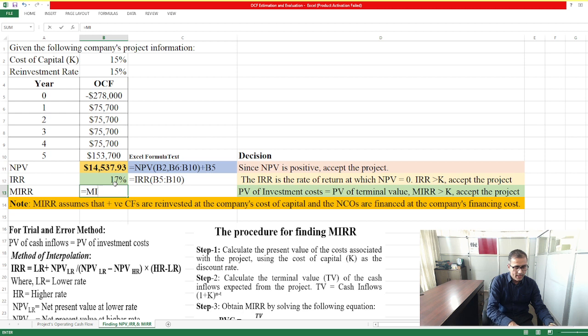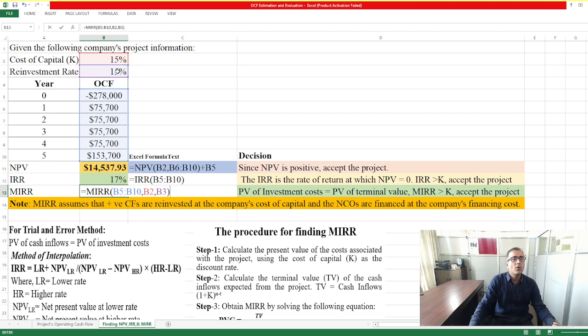Okay. Now what about the MIRR? You just select this one, MIRR. Now look at the values first. Values are all the cash flows. Then the rate is our financing cost, that is your cost of capital, and the reinvestment rate.